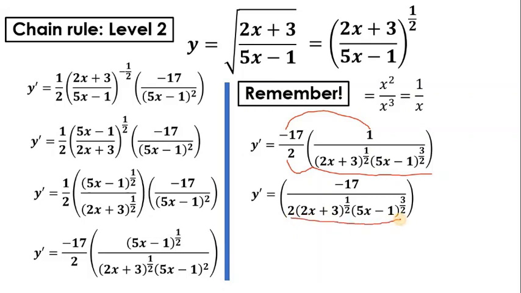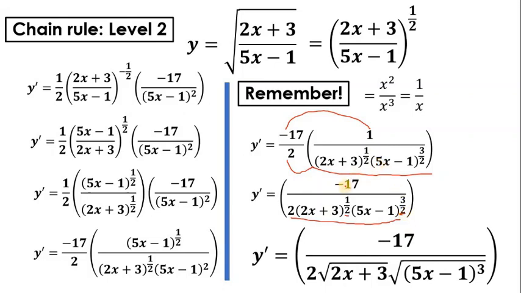Okay, so continue simplifying. Let's make this power into the most appropriate form. So it will become like this. Numerator is 17. So 2, since we believe that the power of 1/2, we are able to make it the square root of 2x plus 3, and 3/2 as well. So that is the square root of 5x minus 1 raised to 3.